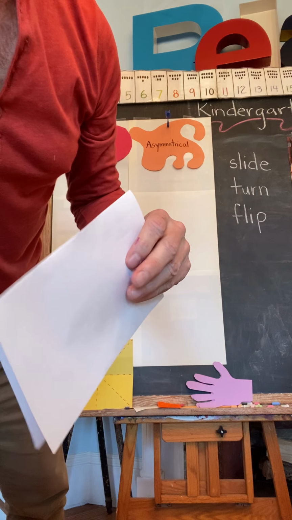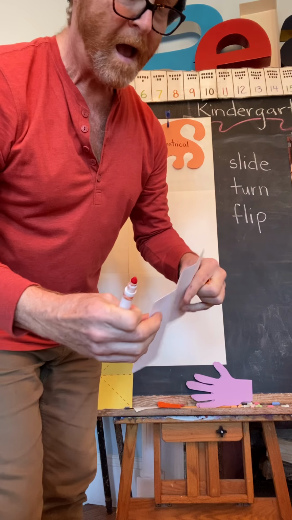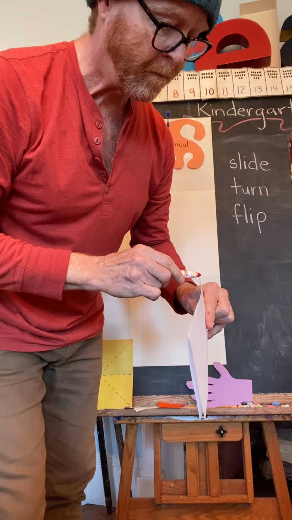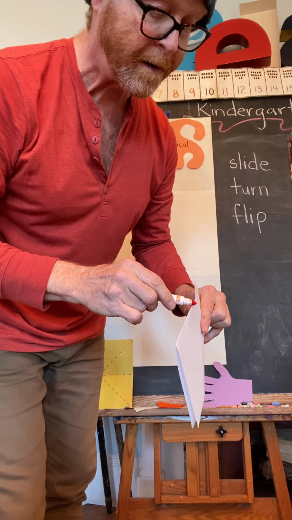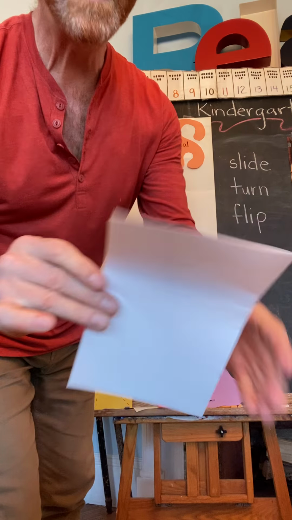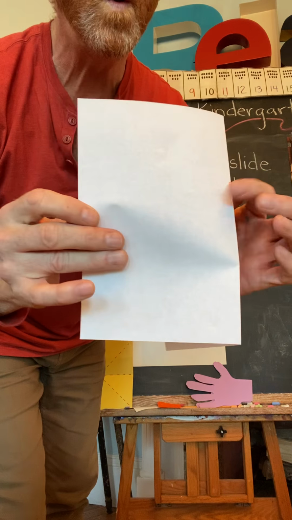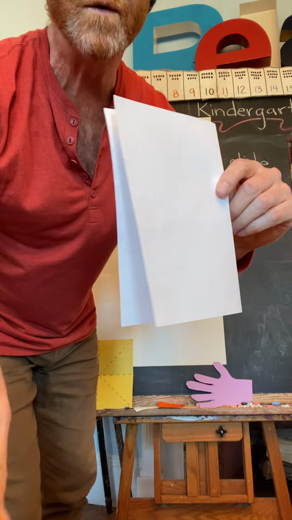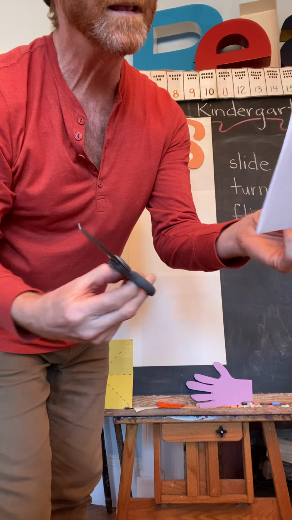Now I'm going to do something with a marker here. That folded edge I'm going to mark so I can see it a little bit better. So now that is the edge that I have folded. So that's the edge I'm going to cut around and make my shape a little bit different.